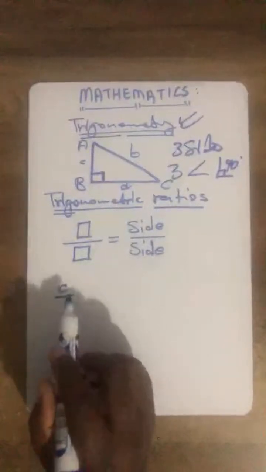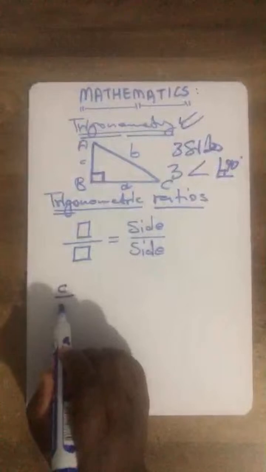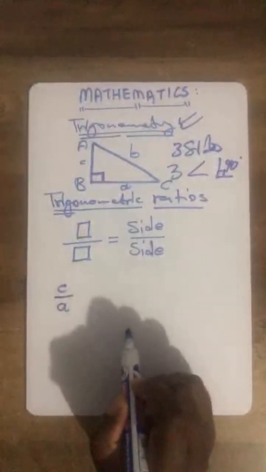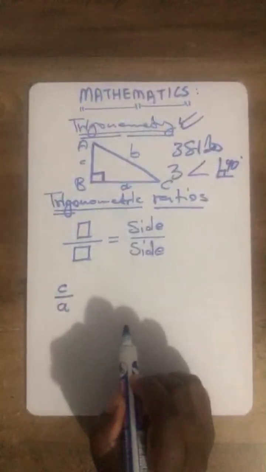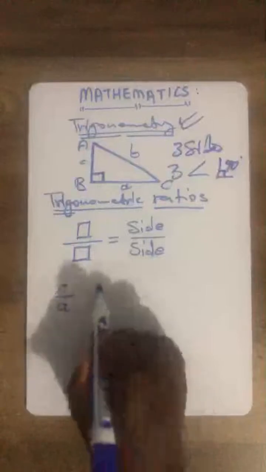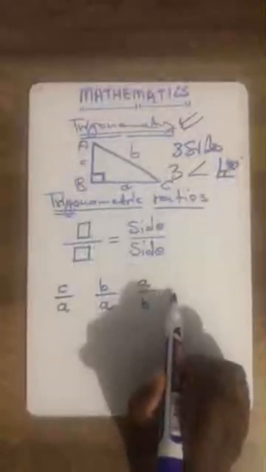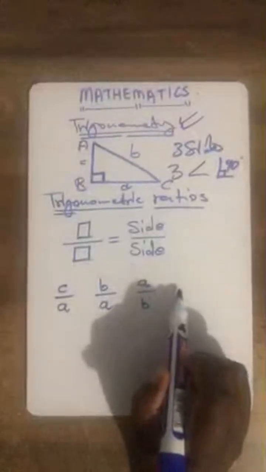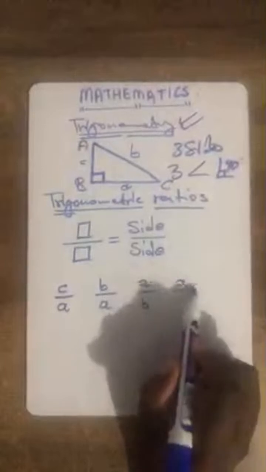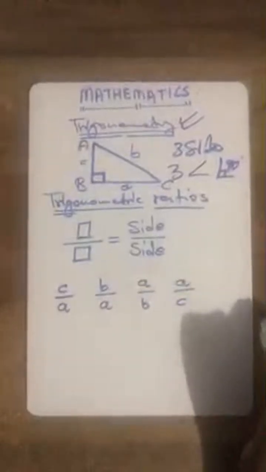Or we can have side b being divided by side a. Otherwise, it could be side a being divided by side b, or side a divided by side c. What else can you say, honorable members?